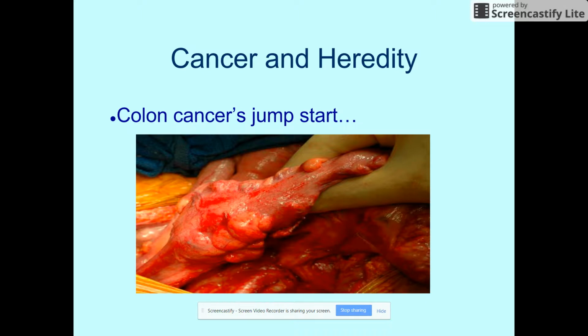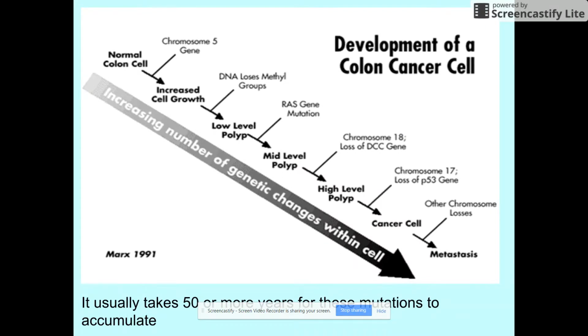Colon cancer is a type of cancer that can accumulate mutations. You can see up here on this side of the screen, we have a normal colon cell that progresses the whole way down to a metastasized cancerous colon cell. Over several generations of people, and also of that cell going through divisions, it can accumulate multiple mutations.